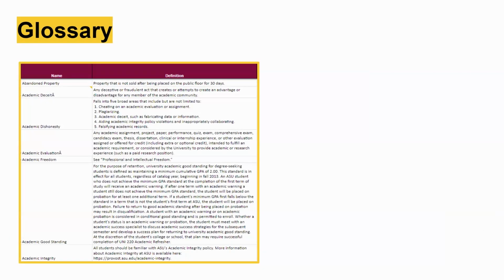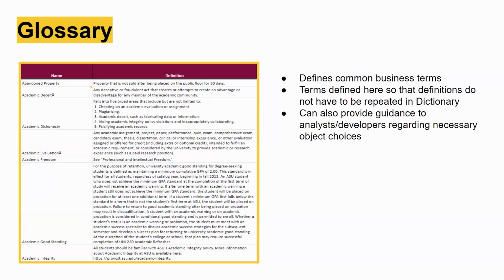So our glossary. Now this differs a little bit from the data dictionary because, instead of having term definitions about schemas, columns, and our databases, these are common business terms. So the purpose of this glossary is to stop redundancy within the data dictionary.